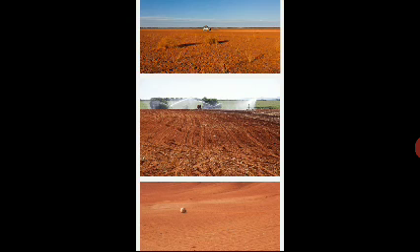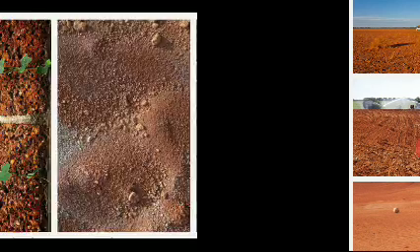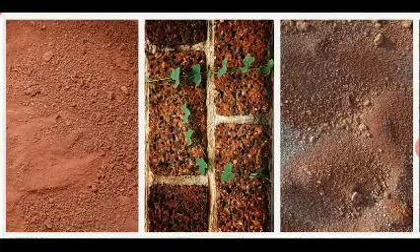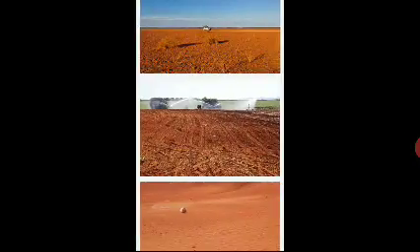The next one is laterite soils. These are formed as a result of decay of many types of rocks. They are red in color. They are deficient in nitrogen, phosphorus, potassium, and lime.